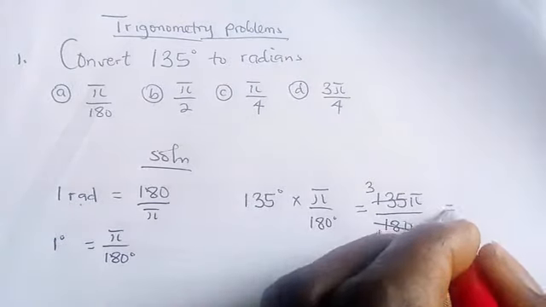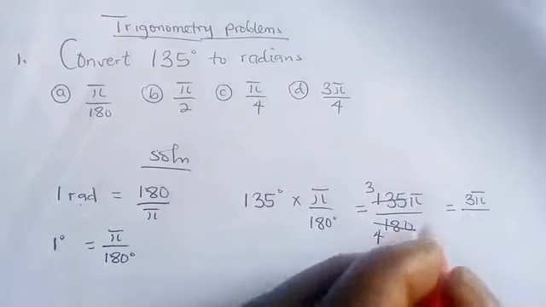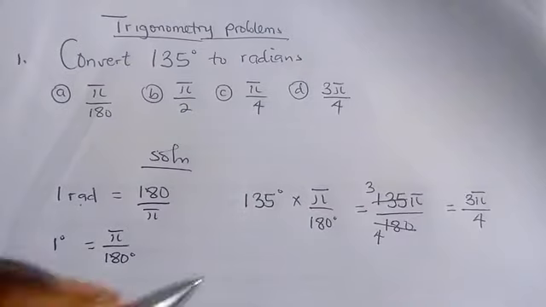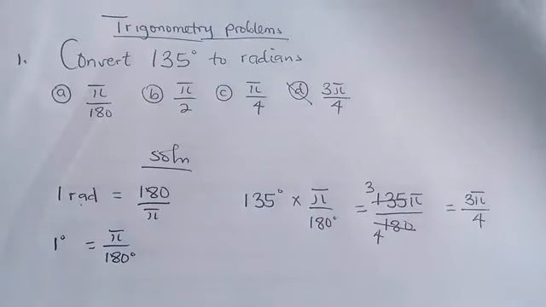And so we have 3 pi in the numerator and 4 in the denominator, such that the final answer is 3 pi over 4. And that corresponds with option D. So option D, 3 pi over 4, is the value in radian for 135 degrees.